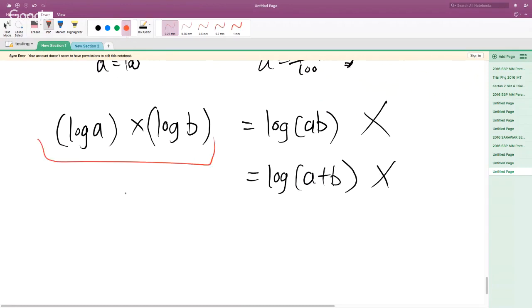For this kind of case, it cannot be simplified either. Okay, this is something you have to pay attention to. You have to find out the value of each, and then multiply them. Okay, this is what I wanted to talk about for log.